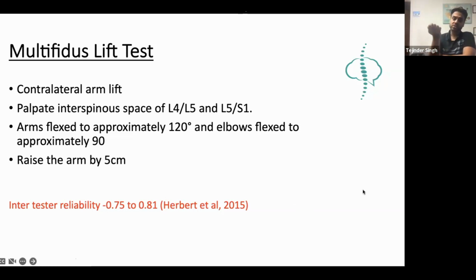There are situations where you have facet impingement, and we use muscle energy techniques, and we activate some fibers of multifidus to address facet impingement. Do we selectively activate deep fibers of multifidus when we're doing that technique? I'm not too sure.